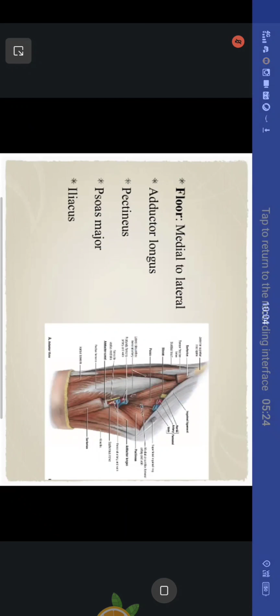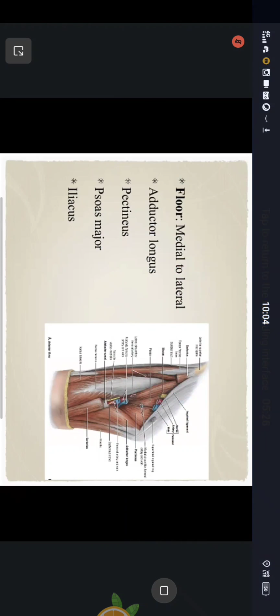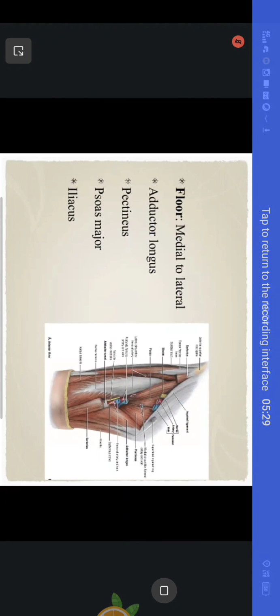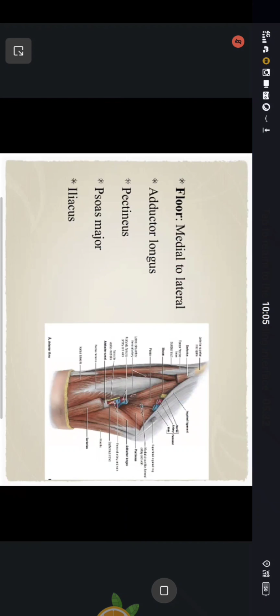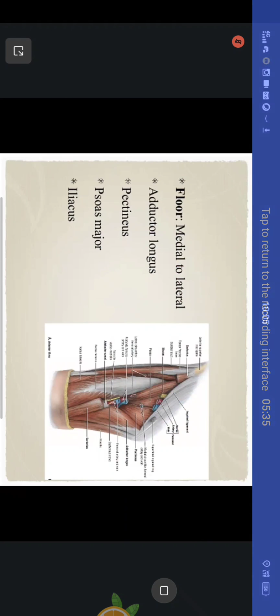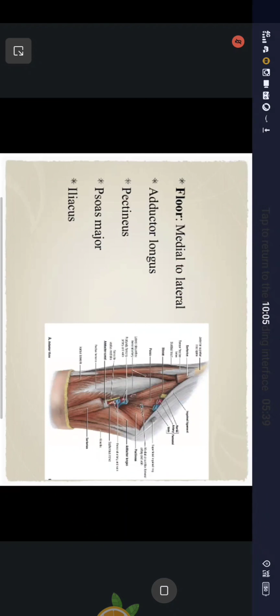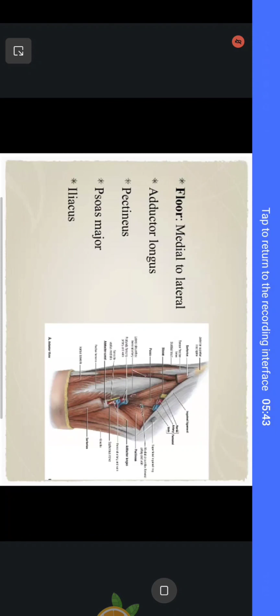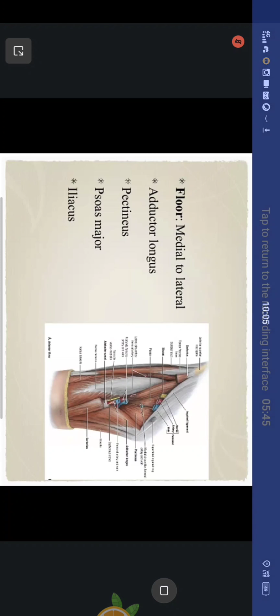Coming to the floor. The floor of this femoral triangle is mainly formed by four muscles. Coming from medial to lateral aspect, these muscles are in this diagram. One is the adductor longus, which also forms the boundary of this femoral triangle.